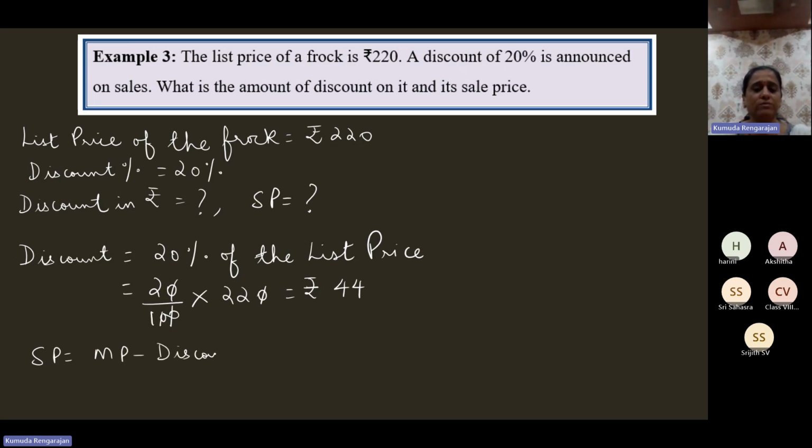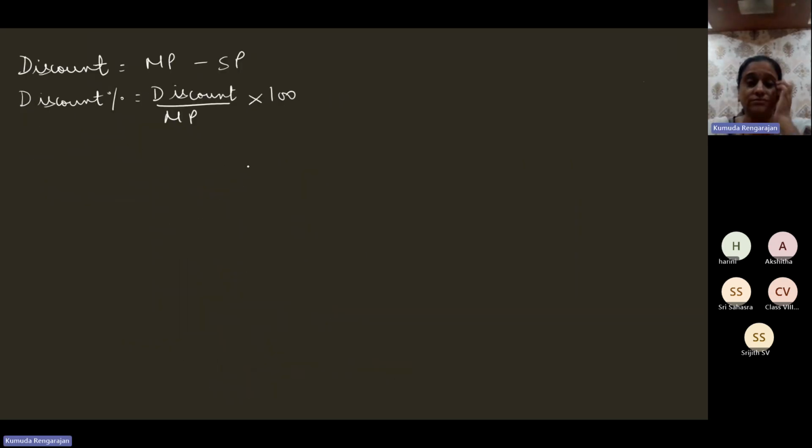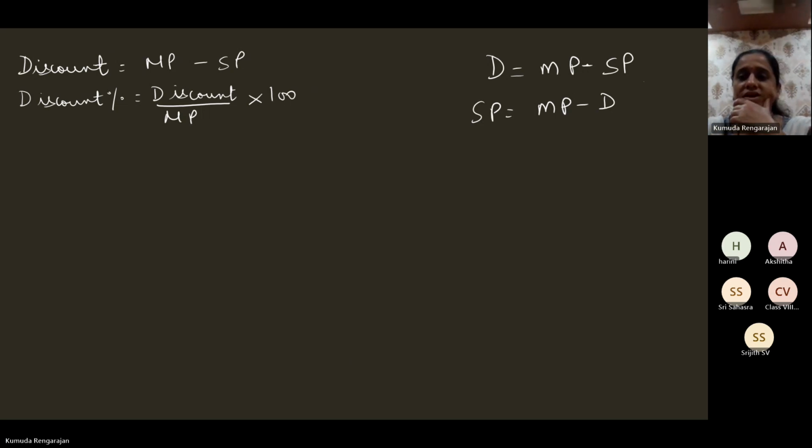See, you can remember all this with this formula. We have discount is equal to MP minus SP, right? So when you transpose, when you push selling price here, selling price will be equal to mark price minus discount, right? When you bring this here, minus SP will become plus SP is equal to MP minus discount.